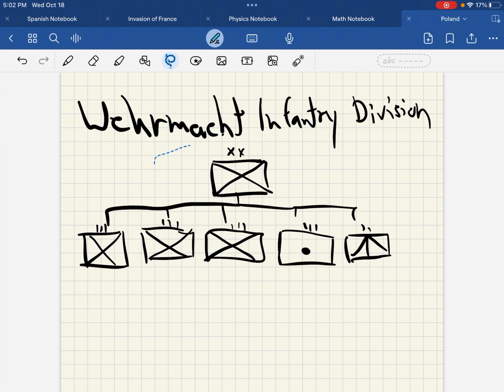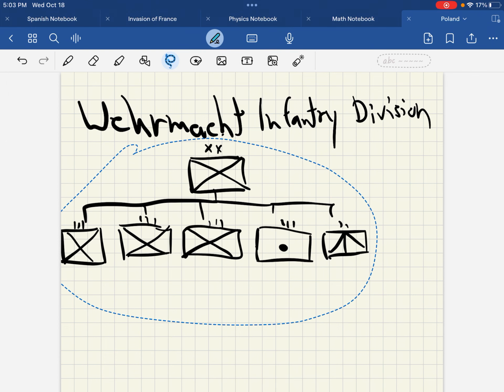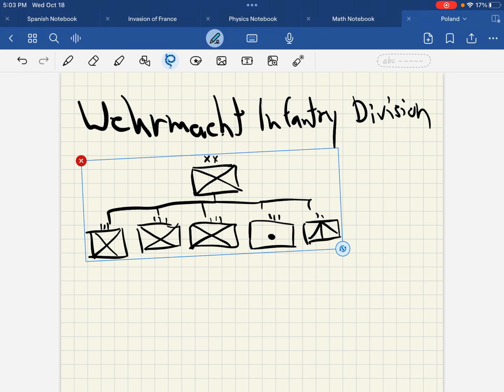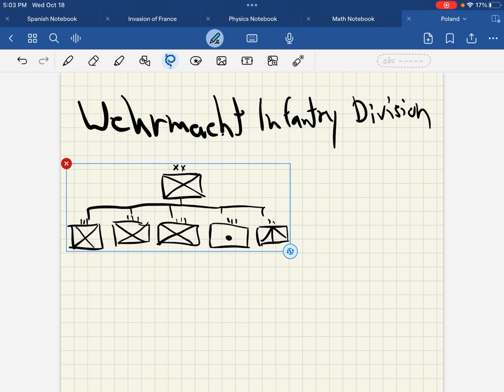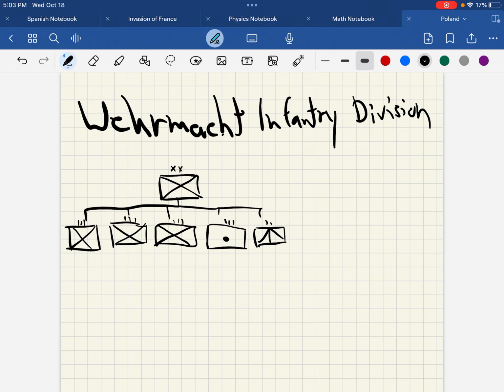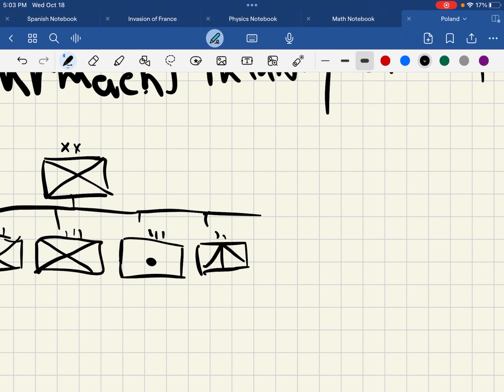And if I can resize this, because there's more I want to talk about. Yeah, so there's this. There's also a reconnaissance battalion. That was also very useful.